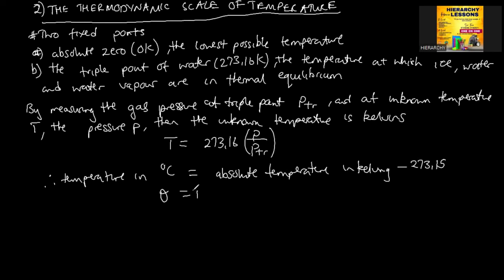So theta is equal to T minus 273.15, which means T is equal to theta plus 273.15. So that's what it means. Temperature in kelvins is equal to temperature in degrees plus 273.15, right?